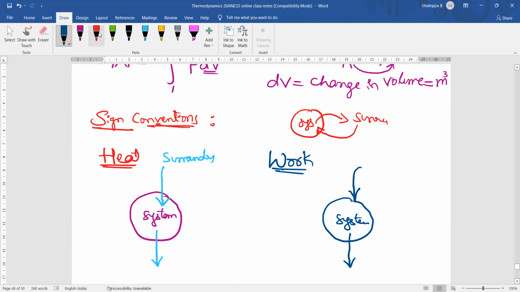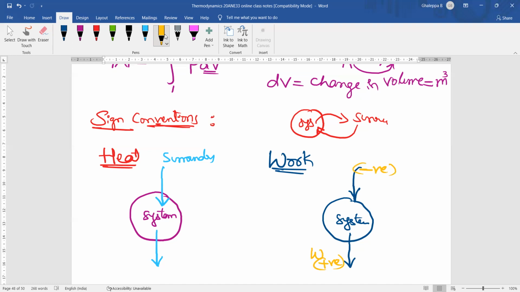Listen carefully. Work done by the system is always positive. In the given statement, in the numerical, if it says work done by the system is 500 joule, then you should take it as a positive value. If the words work done on the system or work transfer to the system are used, in that case you should take it as negative.